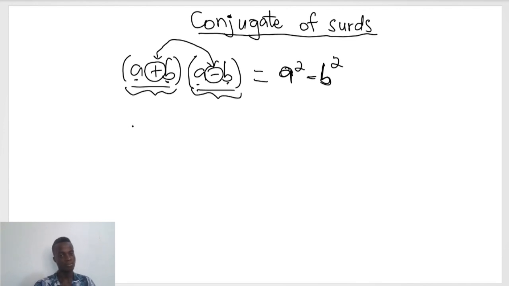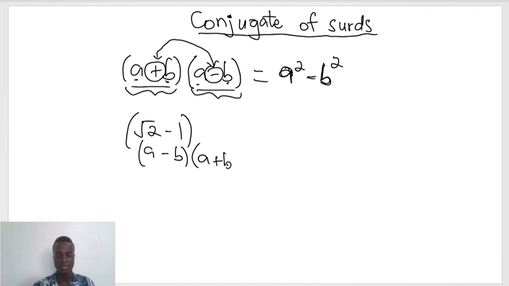Let's say we have square root of 2 minus 1. This is like a minus b, right? If you have a minus b in one bracket, for you to use the difference of two squares, you need to make sure the other one is a plus b. So the other bracket we need to multiply this with is root 2 plus 1, changing the minus to plus.